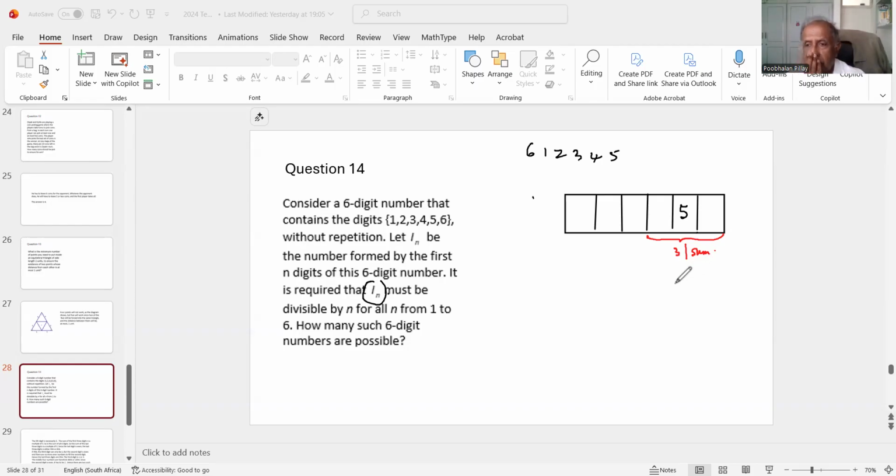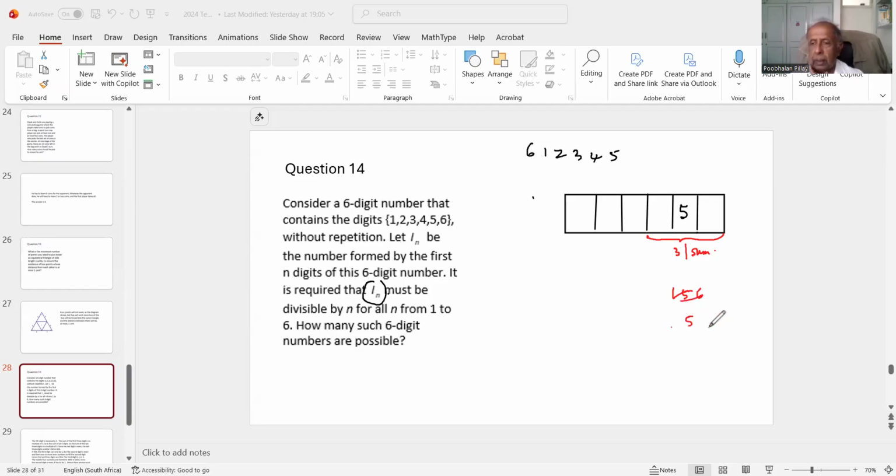You could have 1, 5, 6. Right. So if 3 is a factor of the whole thing, the sum of the other two can be 6. So if it is 6, let's do that.